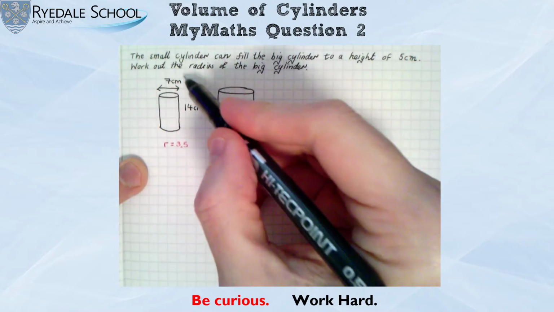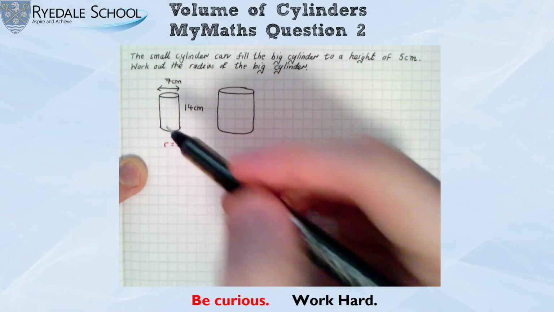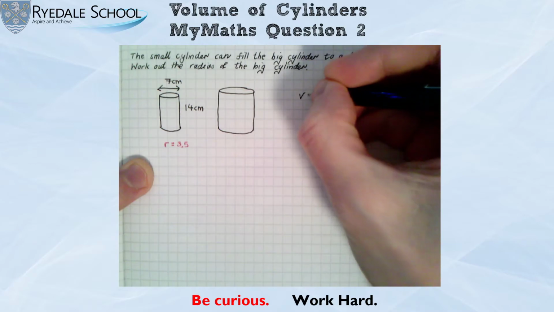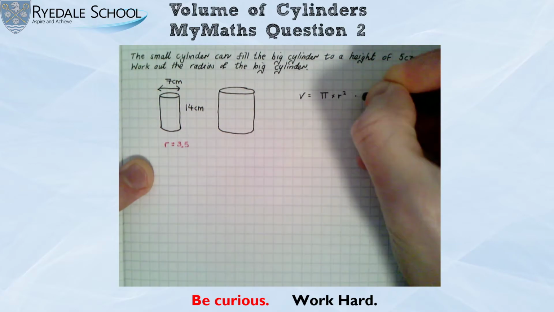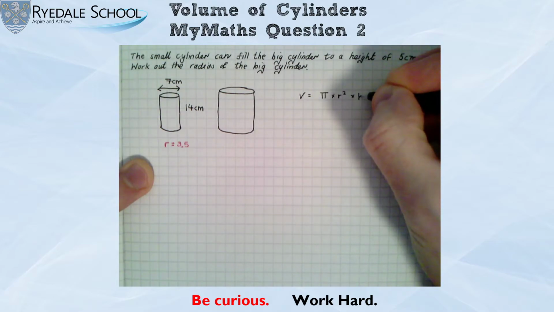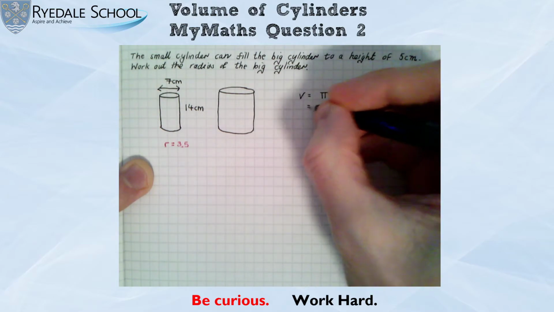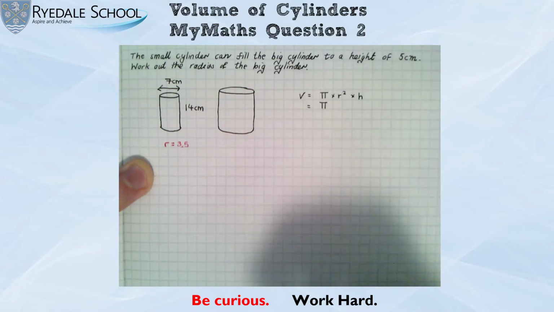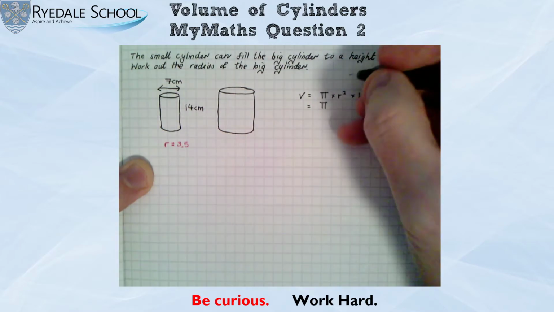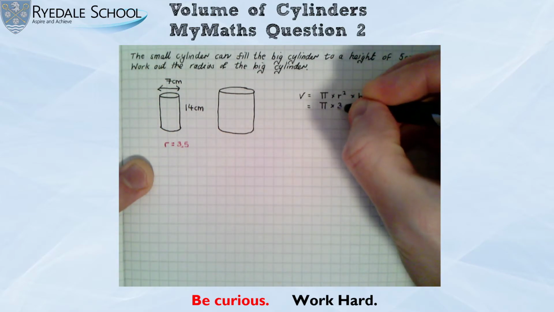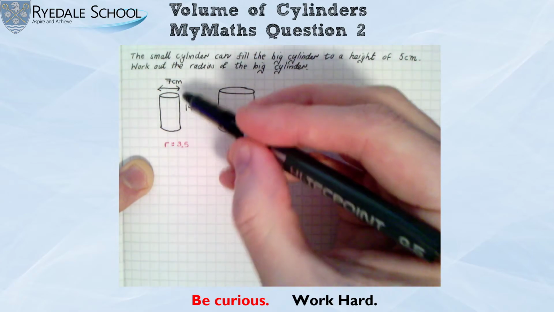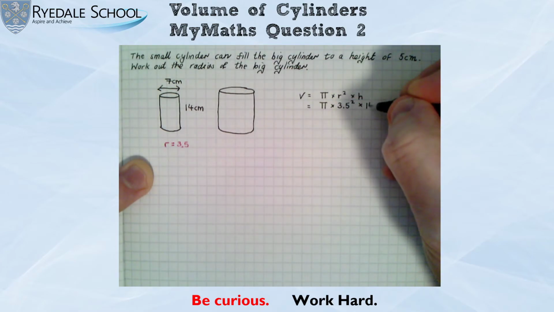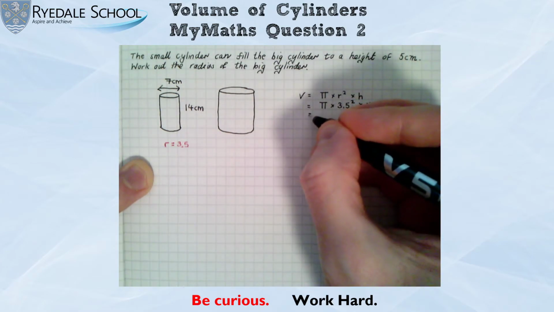So the formula for the volume of this small cylinder is still pi times r squared times h. Pi, I will use the pi button in a moment on my calculator. The radius is 3.5, so it's 3.5 that I'm squaring, times the height, and the height is 14. So I'll work this out on my calculator.